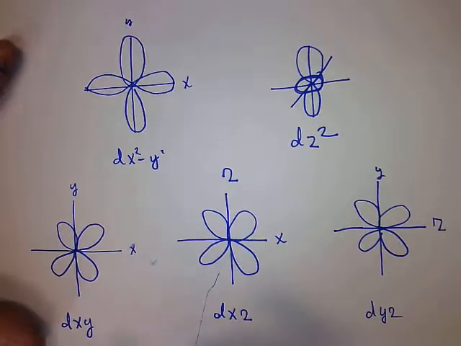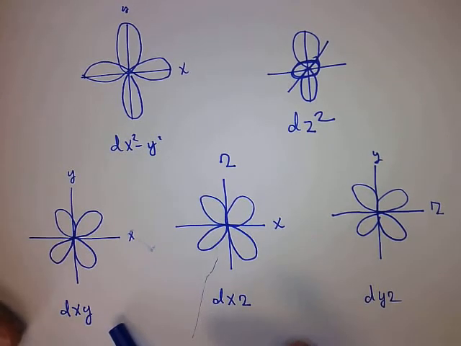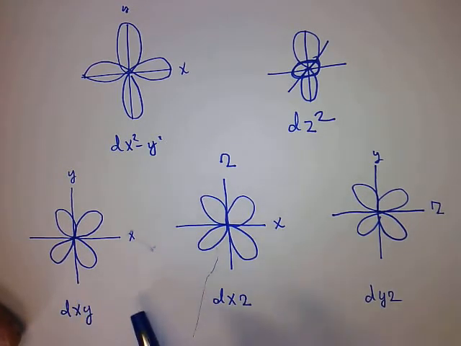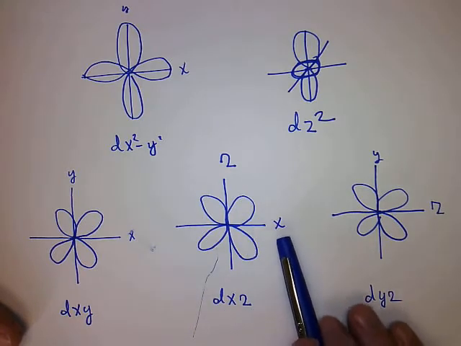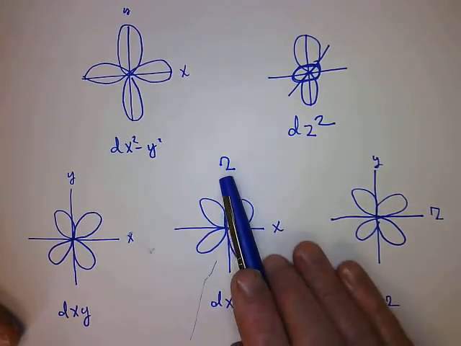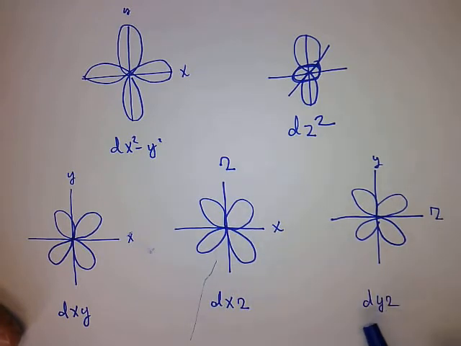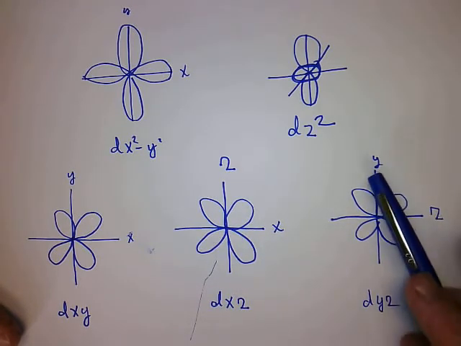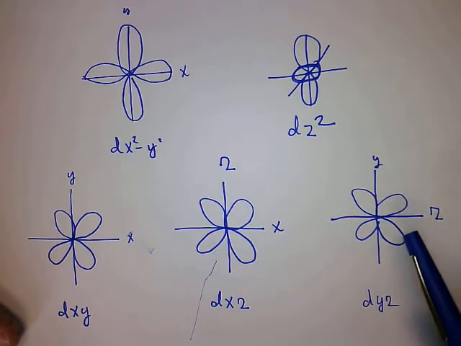You have the xy, which is between the x and y axes, and you have the xz, which is between the x and z axes, and you have the yz, which is between the y and z axes.